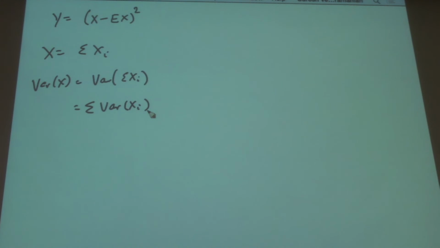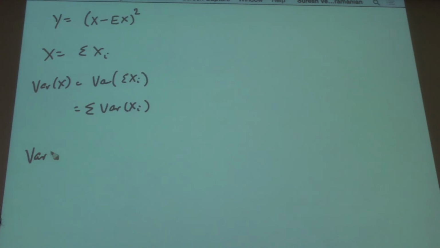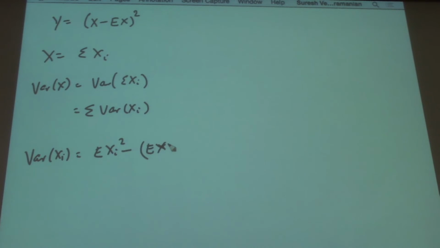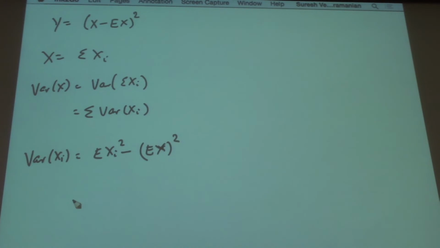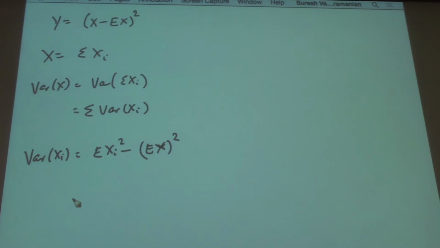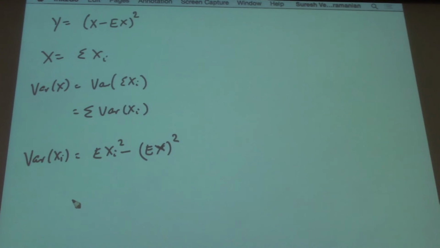okay, what's the variance of a single random variable? Well, the variance of Xi is equal to E of Xi squared minus E of X whole squared. Okay, what is E of Xi squared? Xi is a random variable that with probability half takes the value 1 and probability half takes the value 0. Xi squared is a random variable that with probability half takes the value 1 and probability half takes the value 0.